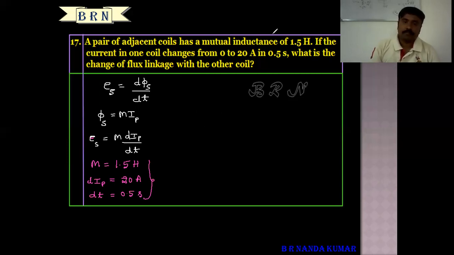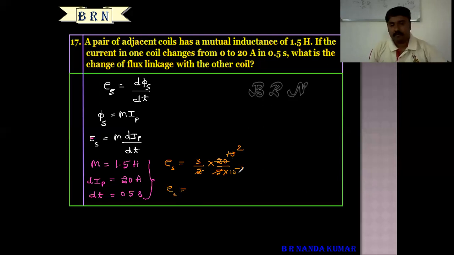So the EMF induced in the secondary coil: M is 1.5, that is 3 by 2. dip is 20, right? dt is 0.5, that is 5 into 10 power minus 1. The 2 and the 2 tens cancel out, 3 into 2 is 6. So 6 into 10 power minus 1, numerator shift, becomes 10 power plus 1.